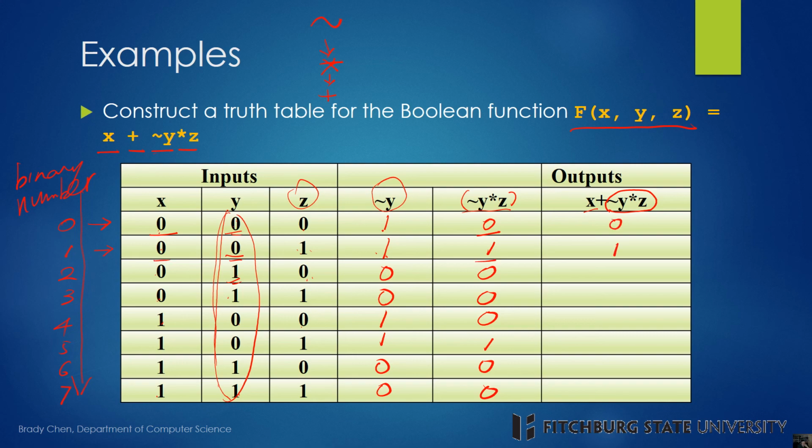That's based on the truth tables for the OR operation, right? 0 or 0 is 0, and 1 or 0, that's 1. Because for the rest of these values x is 1, it doesn't matter what the other value is. It's always 1. So that's basically the truth table, and that's the value for each combination of x, y, and z. So we got these final values.